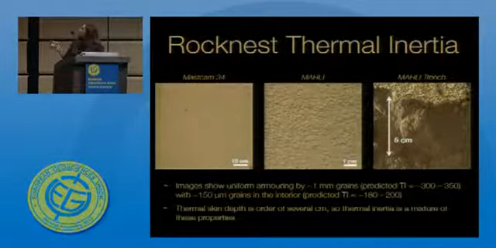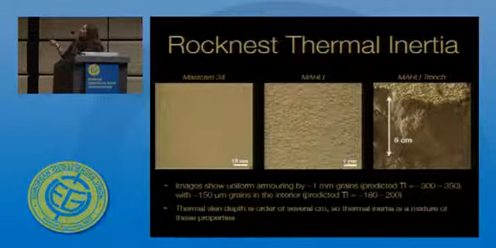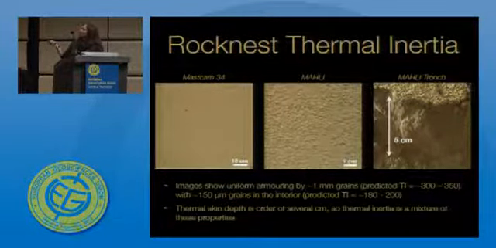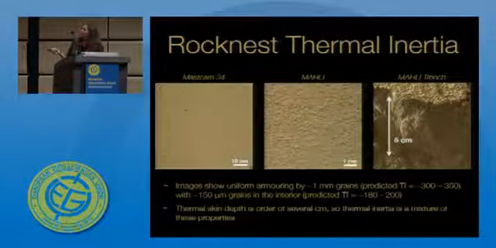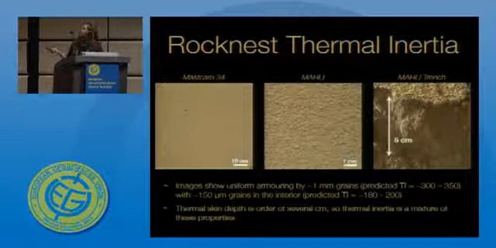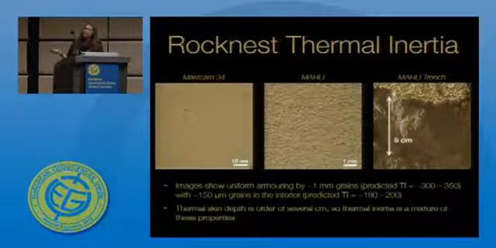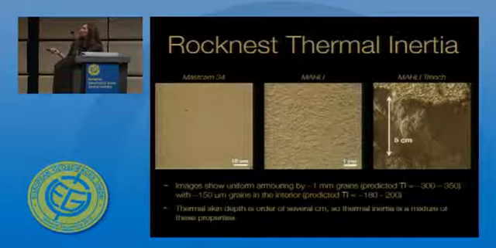When you trench into it, however, and as described previously, you see that the upper surface is dominated by much coarser particles than the interior of the sand shadow. Those upper surfaces are dominated by millimeter-sized grains that should have a thermal inertia of somewhere between 300 and 350. The 150 micron grains in the interior, on the other hand, should have a much lower thermal inertia, somewhere on the order of 180 to 200.